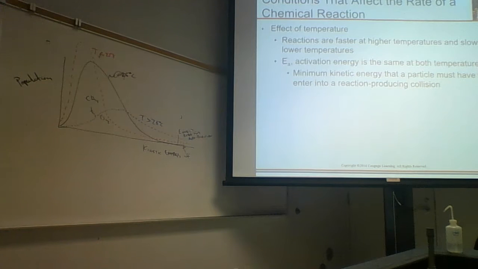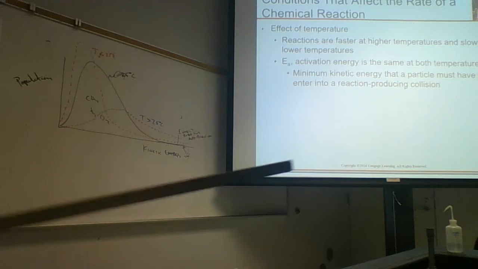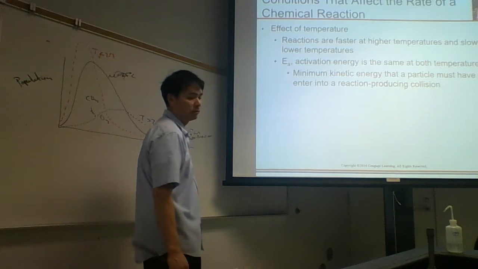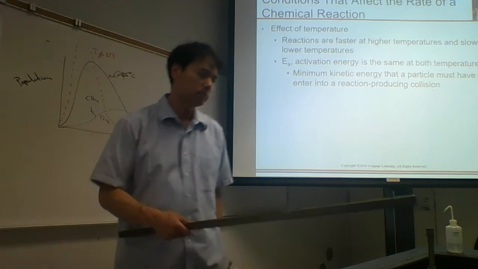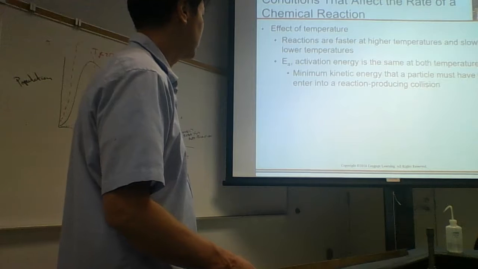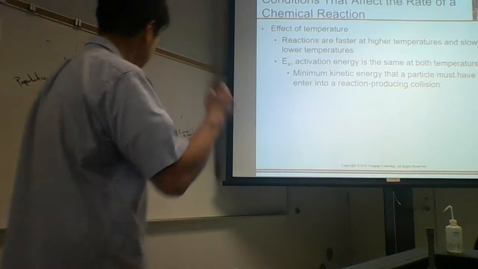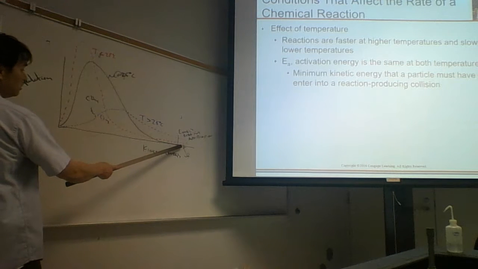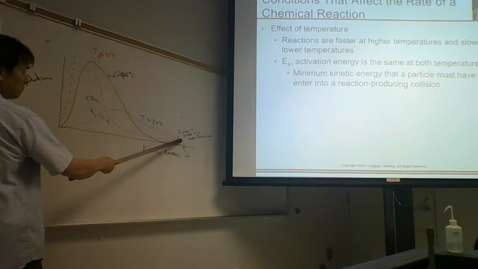So what I was just talking about with methane and oxygen is about the rate of reaction, because at room temperature, the reaction between methane and oxygen is very slow. At elevated temperature, it goes much faster. The rate is just based on population. The greater the population, the more collisions with enough energy.